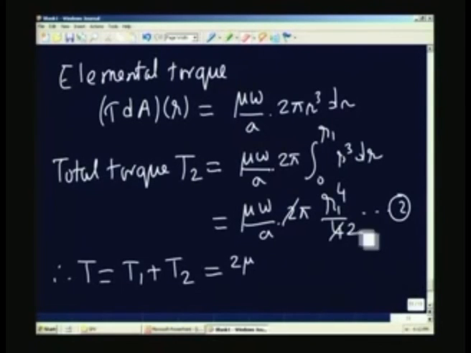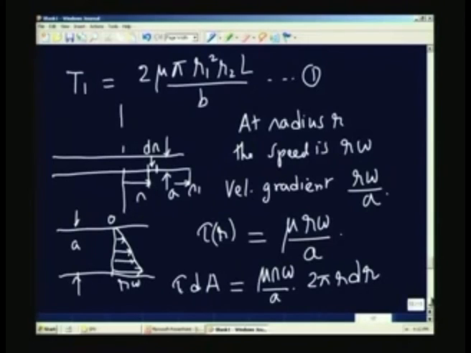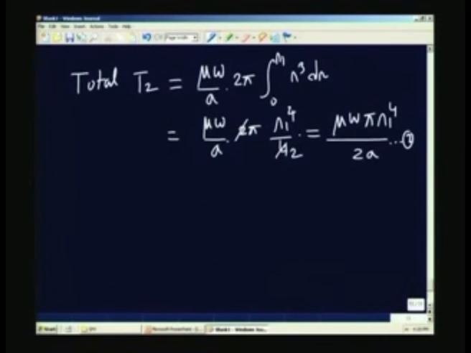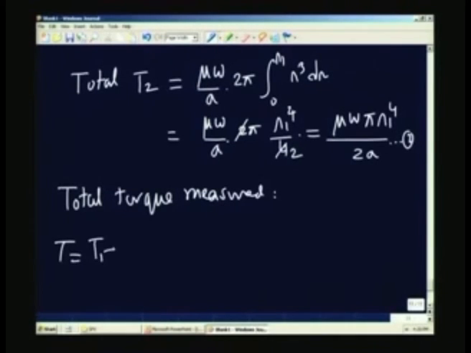Let me just verify the expression in the previous page. This is expression 1, 2 pi mu R1 squared R2 L by b. So, the total torque which is measured will be T equal to T1 plus T2. Mu is common for both the expressions.